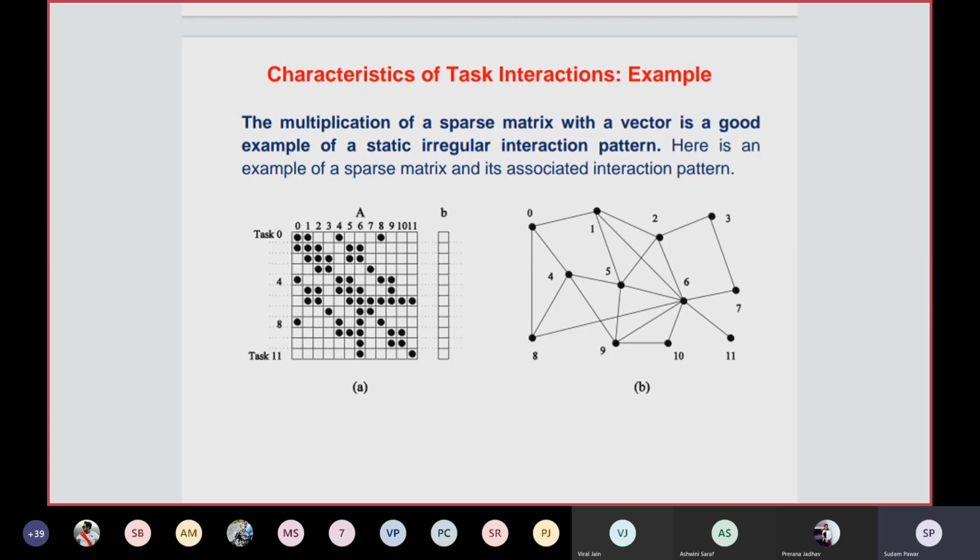For example, task 0 has 4 non-zero elements, task 1 has 4, task 3 has 5, task 4 has 3, and so on, and task 8 has just 4 non-zero elements to complete its computation. The adjacency matrix or graph is also shown in diagram B. So it is not a fixed pattern.